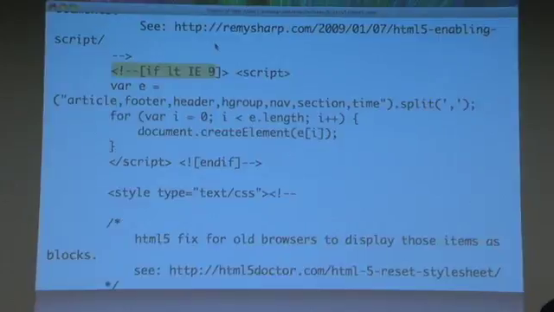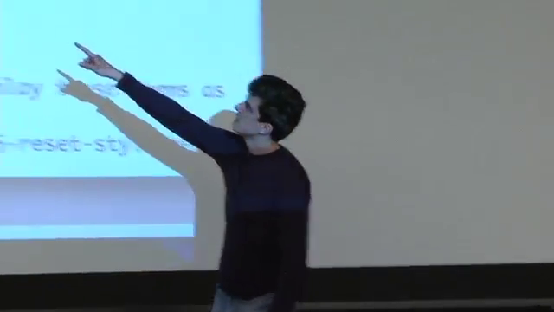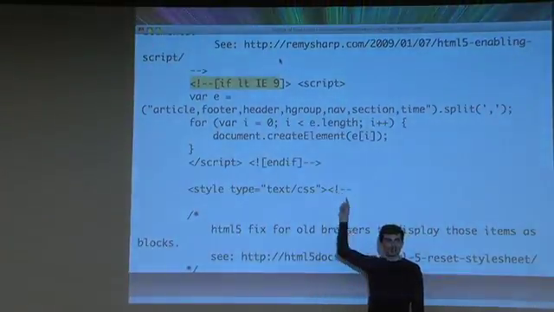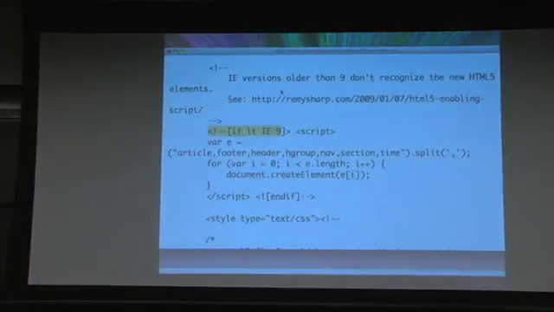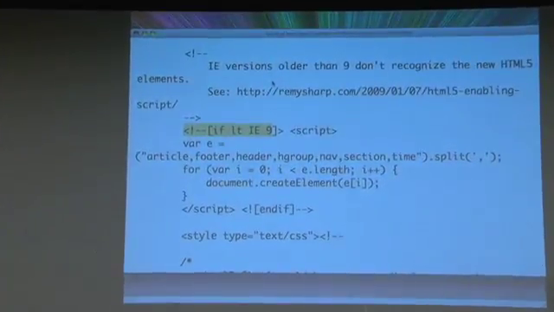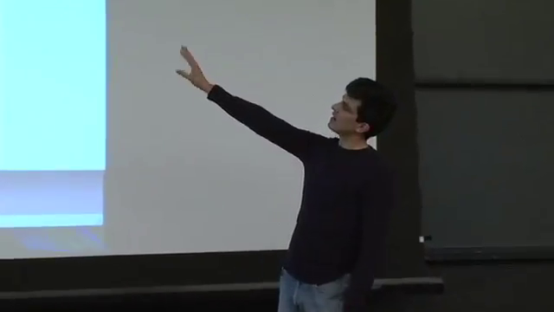Luckily, all other web browsers ignore all of this code because it's in HTML comments. So only Internet Explorer will run this fix, and we will be fine. There's also a more robust version that somebody else has developed, not only the CSS fix but also this IE8 and below fix, and the URLs are provided here, as you can see.